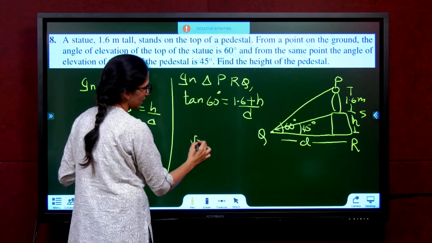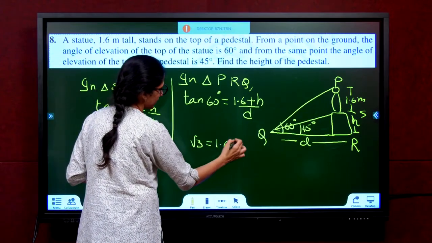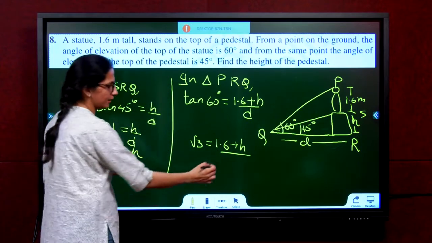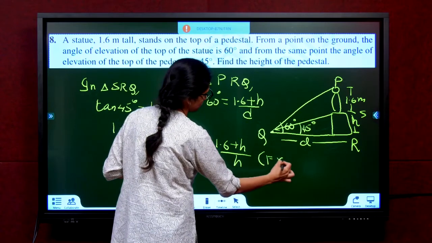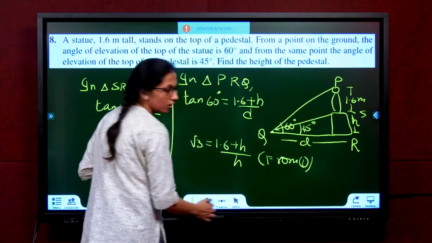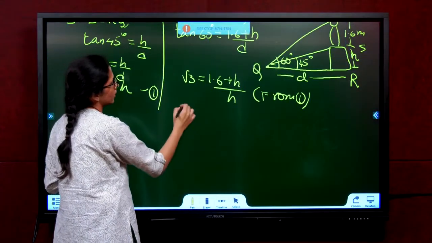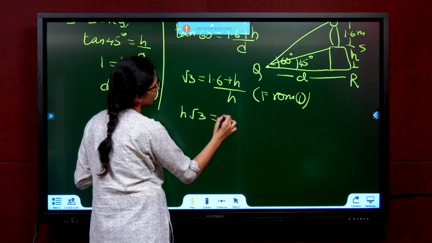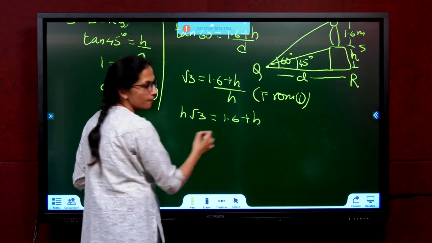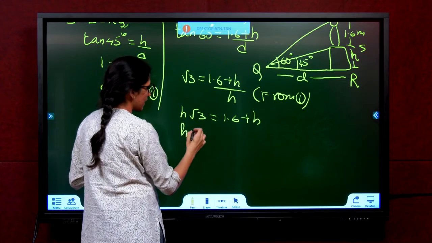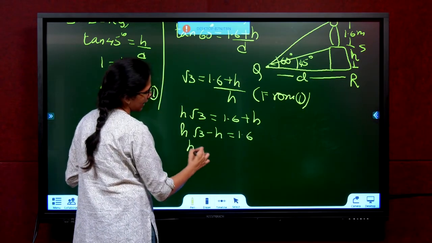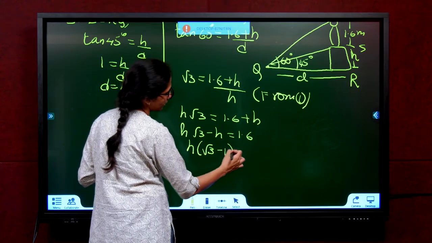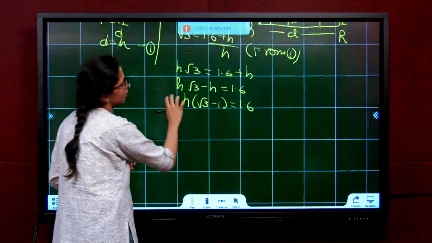What is tan 60? Root 3. 1.6 plus H, D is nothing but H from 1. So solve for H. H root 3 is equal to 1.6 plus H. Send it aside. H root 3 minus H equals 1.6.